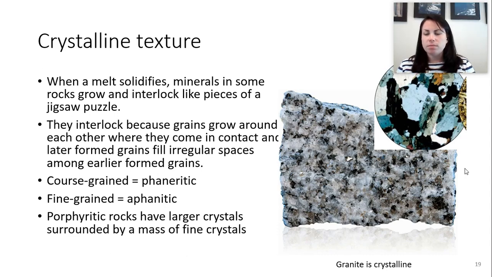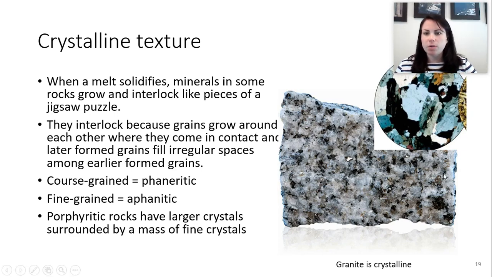And we have a way to describe how large those grains are. A coarse-grained crystalline texture is called phaneritic, and a fine-grained crystalline texture is called aphanitic. And there's one level above called porphyritic: rocks have large crystals surrounded by a mass of fine crystals. So there are these different crystalline textures here.